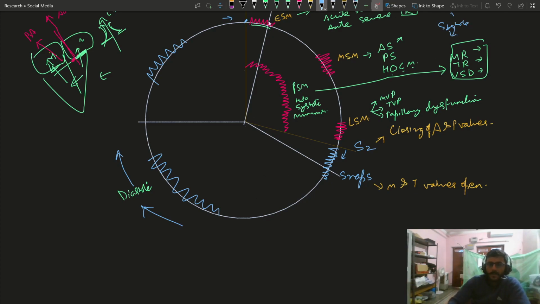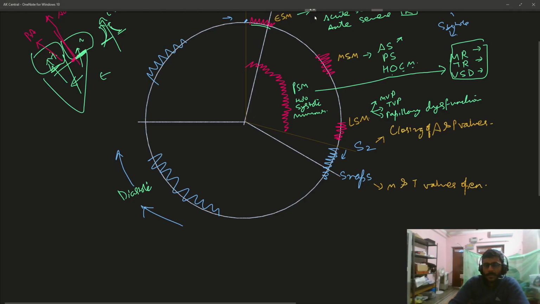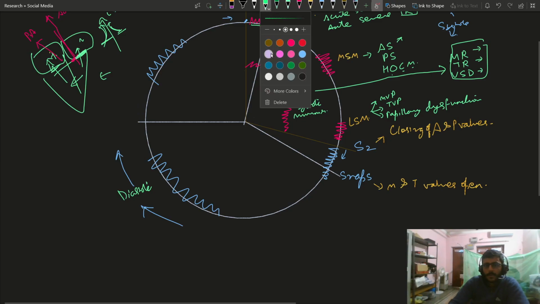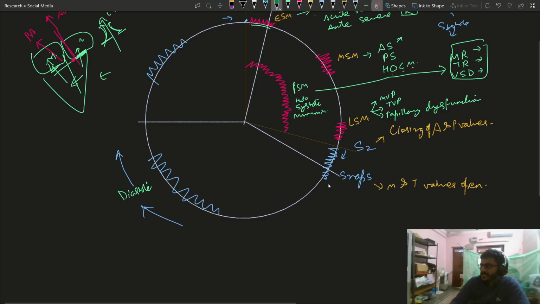So early, now I'll take a color to represent this. Again, let me pick up a new color. Oh, this is a pencil. I don't like it. Okay, whatever. So this is the early diastolic murmur. Oh no, why green?